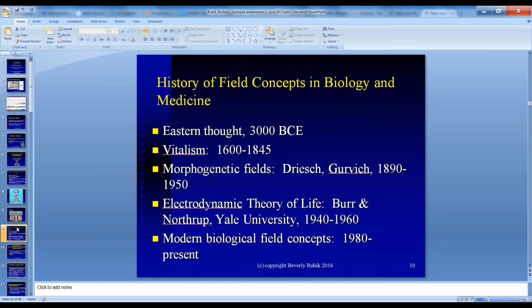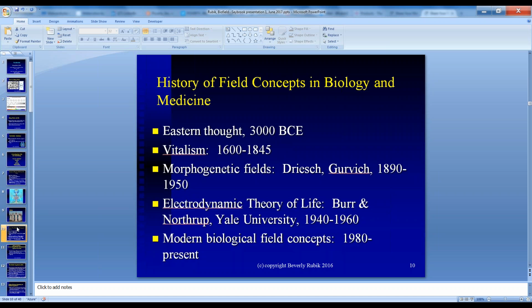So there's been a history of field concepts in biology and medicine. We've talked a little bit about the ancient systems from ancient Orient and India, China, Japan. In science, we had a concept known as vitalism. It was a philosophy that there's something special about living things, that they can't be explained in terms of physics, chemistry, and the young science that was growing at the time, that life had a soul.